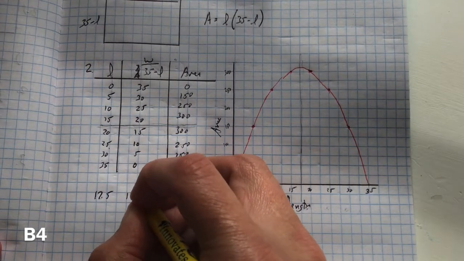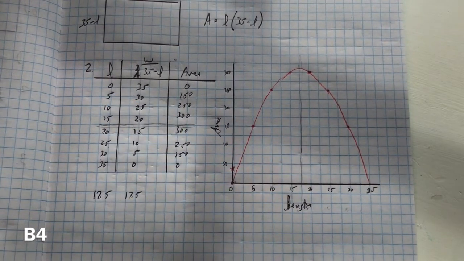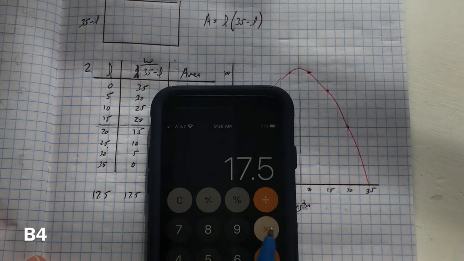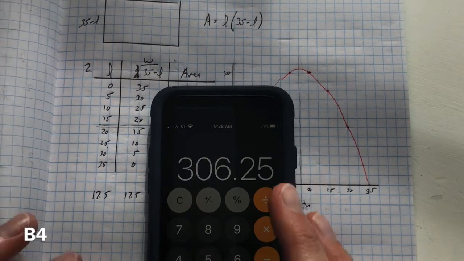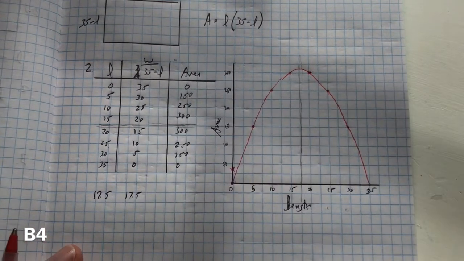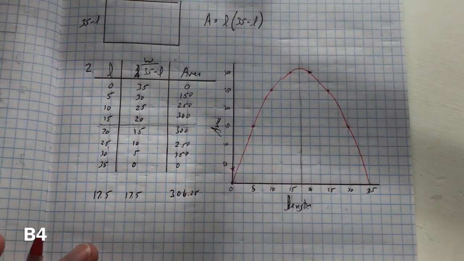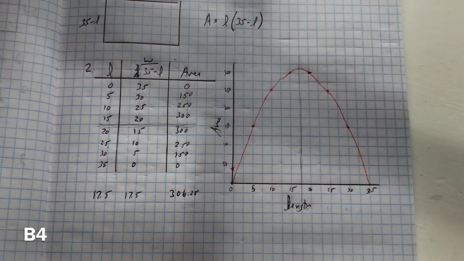So we get 17.5 for that width. I need to find that actual area. So if I do 17.5 times 17.5, I actually get 306.25, and that actually would be the peak right here.